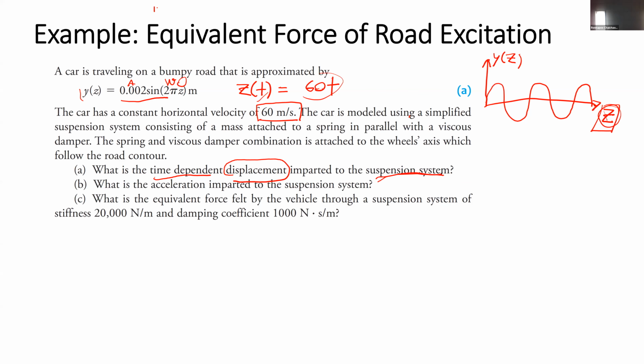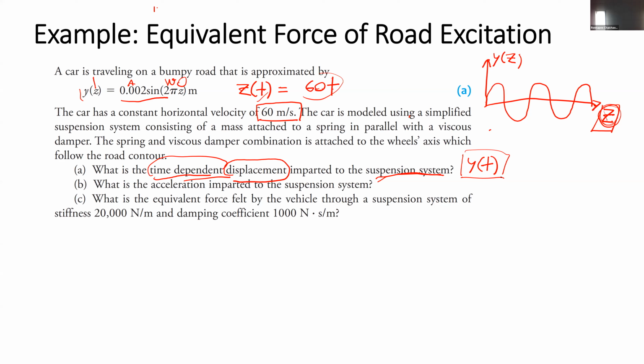This is the displacement as a function of the horizontal position. But if we want to find the time dependent displacement, which means we need to find y as a function of t. The problem gives y as a function of z, and you know z as a function of t.